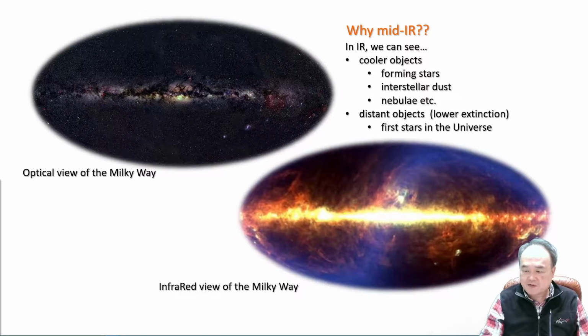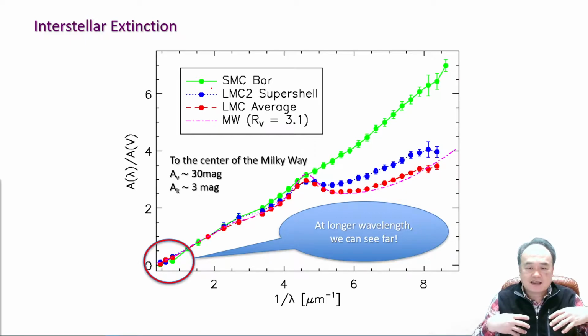The infrared view is looking very close to the galactic center of our Milky Way galaxy, but in the optical view, because of the intervening blocking dust, we cannot really see toward the galactic center.